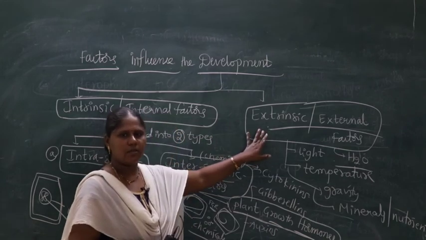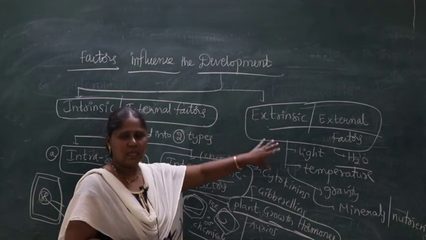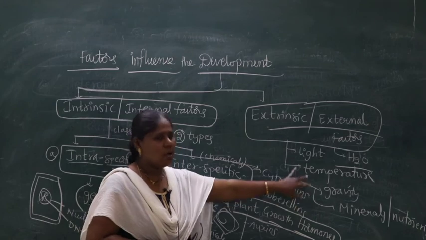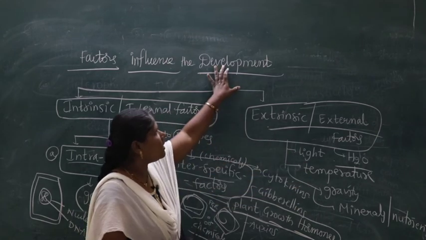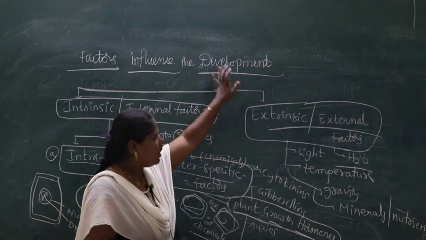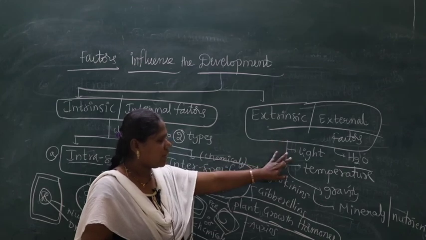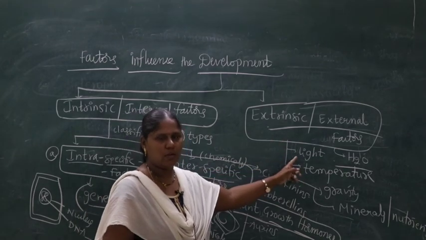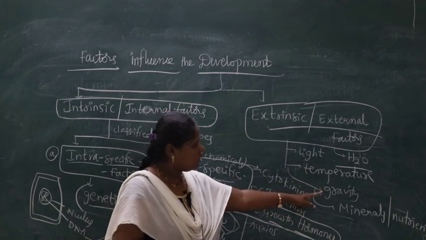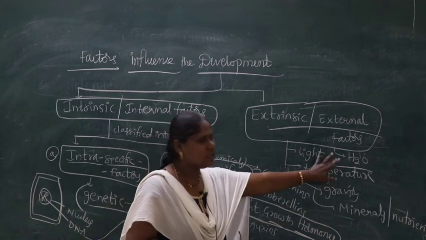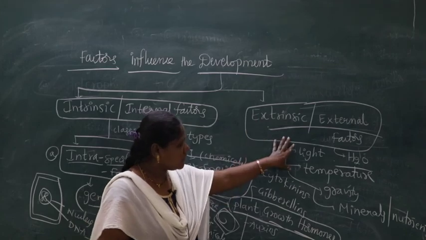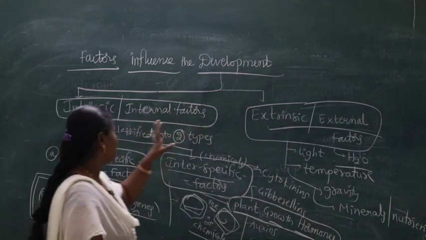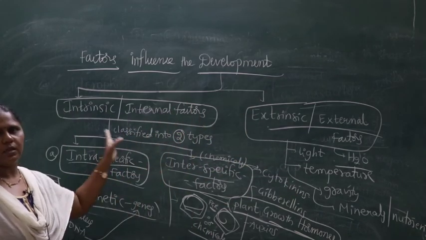Externally, the environmental factors also play an important role in some of the developmental processes. The surrounding environment has the influence of light, temperature, gravity, minerals or nutrients, and water. These factors also influence development.